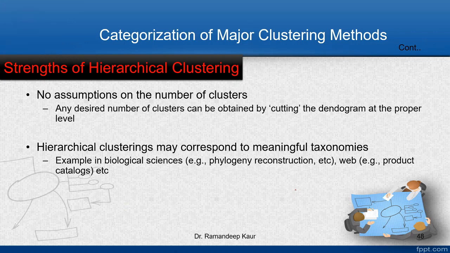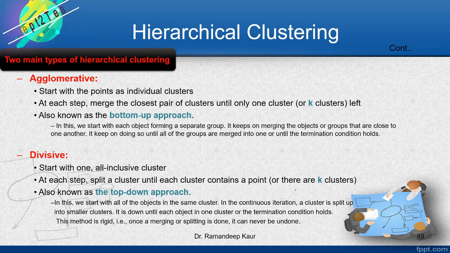Generally, we use this in biological sciences. Like if I have to categorize a bird, then it belongs to this phylum, it belongs to this class, it belongs to this genus, it belongs to this species. So generally, we use it for biological sequences. Now, this hierarchical clustering is further divided into two.